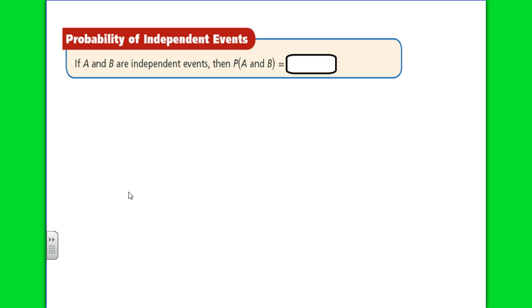So here it is as a rule. Probability of independent events, A and B happening, can be shown. Can you finish the rule? It would be the probability of A, what did we just say? Times the probability of B, right. You're multiplying the two together.